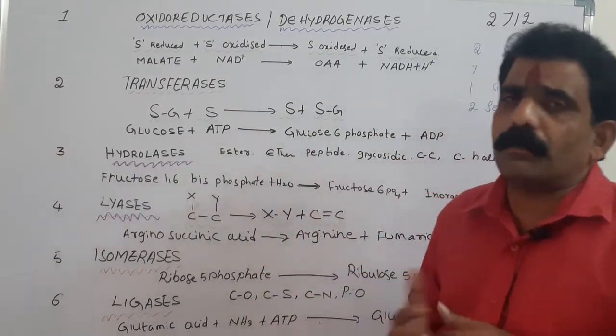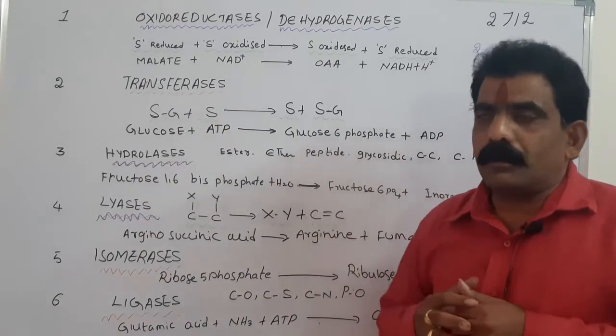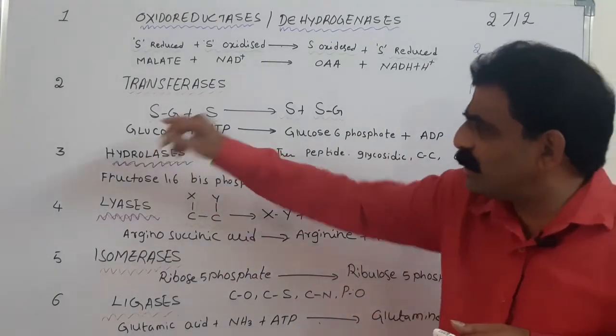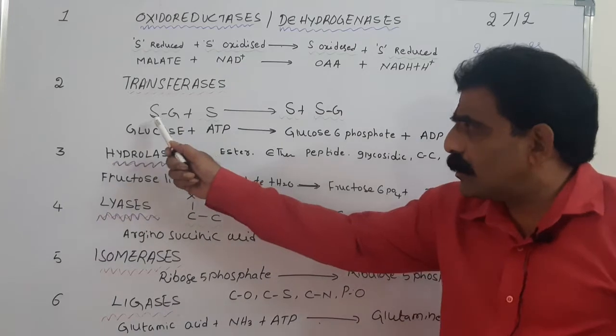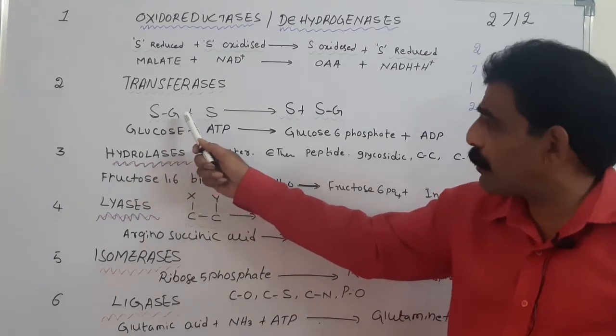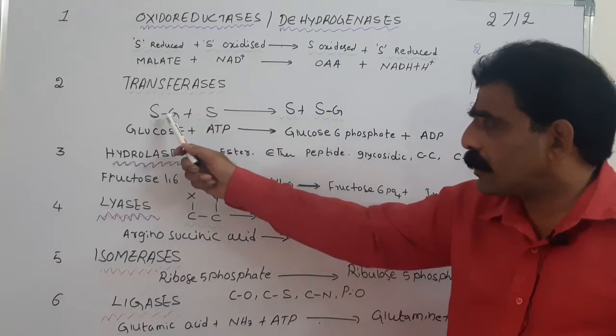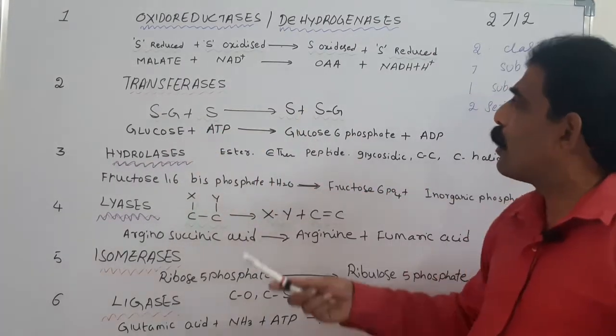The mechanism of the transferases can be represented through a general equation. You see, Sg: S is substrate, G means group which is to be transferred. This is the normal substrate, this is the substrate with group.